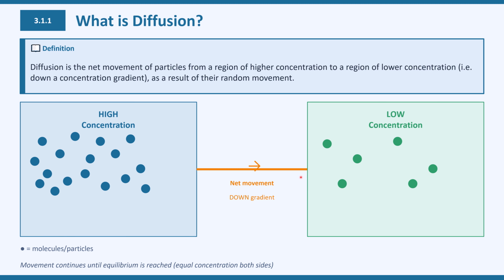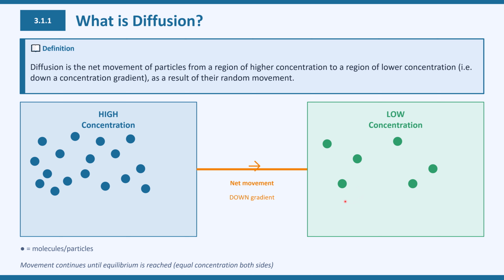Because these particles are constantly bouncing around, they naturally spread out into the space where there are fewer of them. Notice the orange arrow in the middle, net movement down gradient. It signifies the net movement, while individual particles might move in any direction. The overall flow is toward the low side.